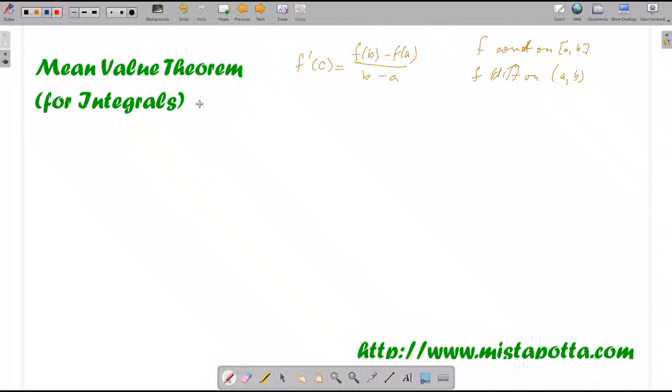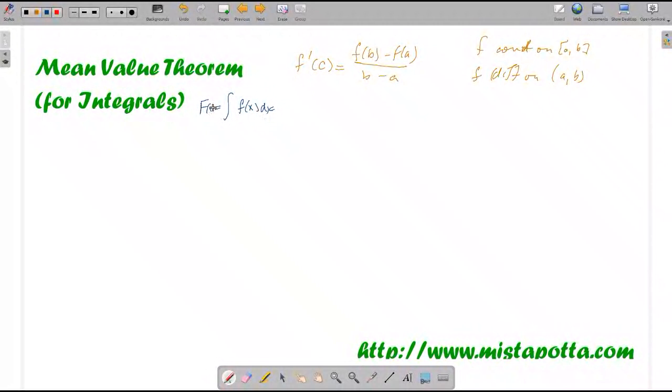But what if I have a situation where f is really the antiderivative of f of x dx?